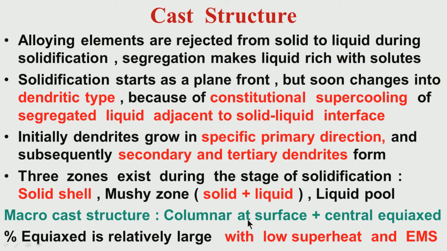If that liquid is stirred, you get a finer structure, finer solid grains. So, you get more equiaxed grains and fewer columnar grains. Low superheat and electromagnetic stirring, these two are useful for having relatively more equiaxed and less columnar.